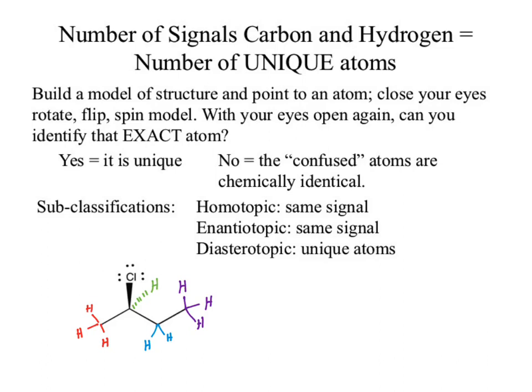We would expect that green hydrogen to shift the furthest on the spectrum. The rest of them might all very well show up in that 0 to 2 range. You actually refined it and called it 1 to 2. It's probably closer than 0 to 2. So cool, that works. At that point, that's all we had: number of unique signals and chemical shift. So we've got it.